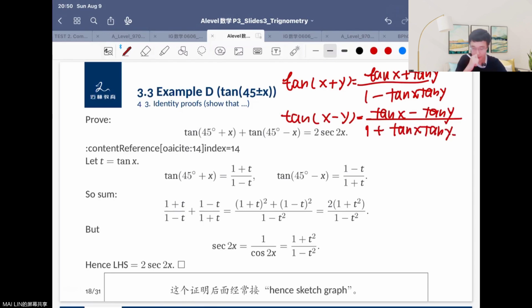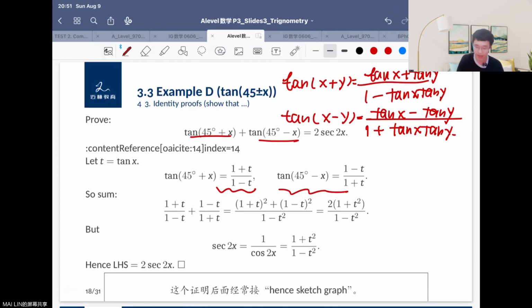So you can just put it in. If you let t equal tangent x, then tangent 45 degrees plus x can be considered as 1 plus t over 1 minus t, and tangent 45 degrees minus x can be considered as 1 minus t over 1 plus t.